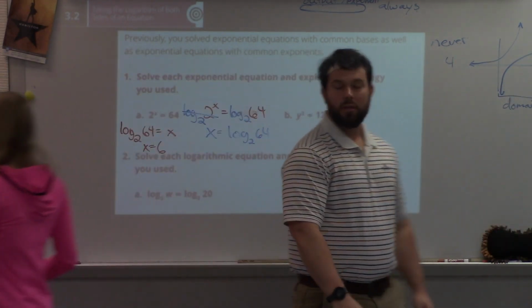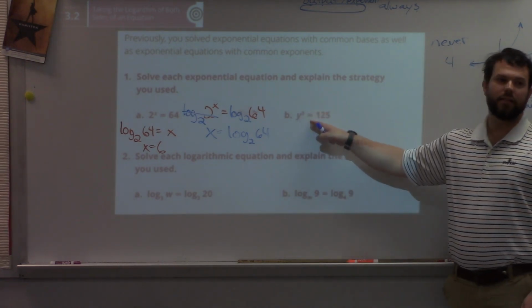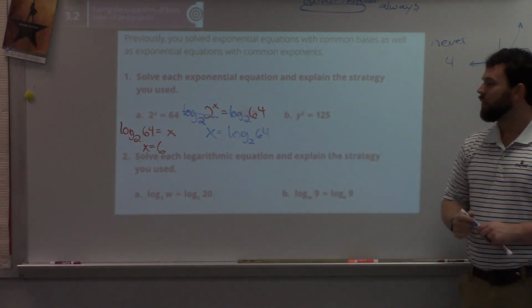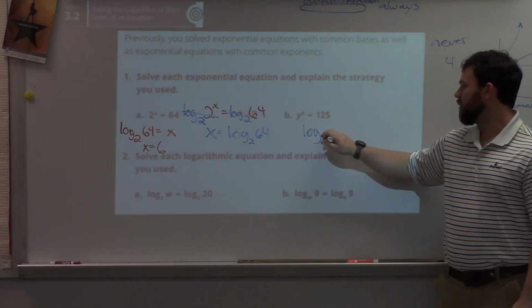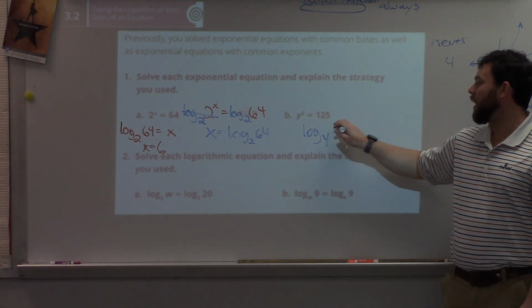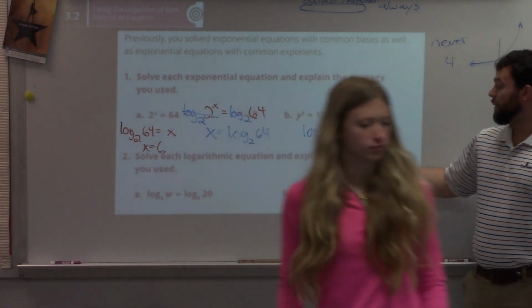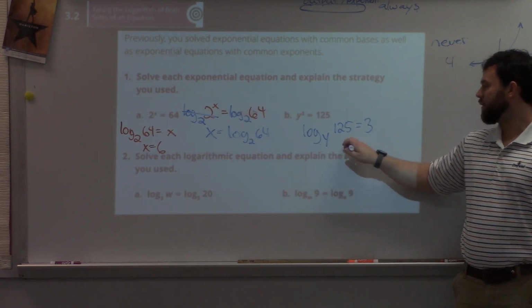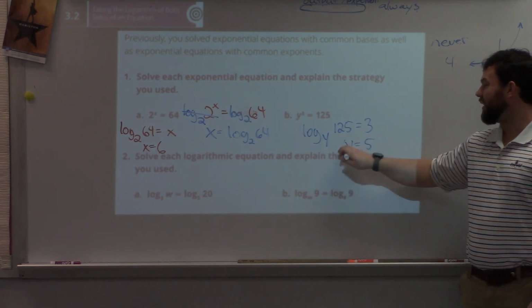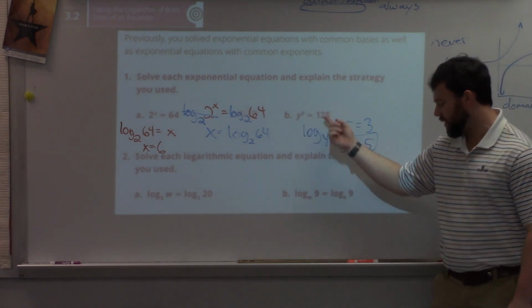Now, this is in contrast to B. Could I rewrite this as a logarithm? Yeah. I could rewrite this as log base y of 125 equals 3. So we would think, what to the third is equal to 125? 5. But if I'm using an inverse, what's the inverse that I should use here?